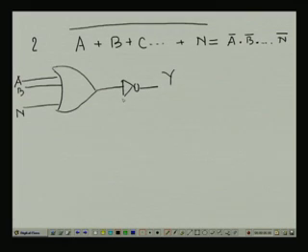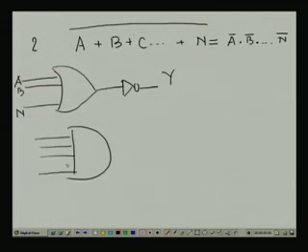What will be the right hand side? The right hand side will be an AND gate, again with all inputs inverted, and again this will be y. So, these two are the same.